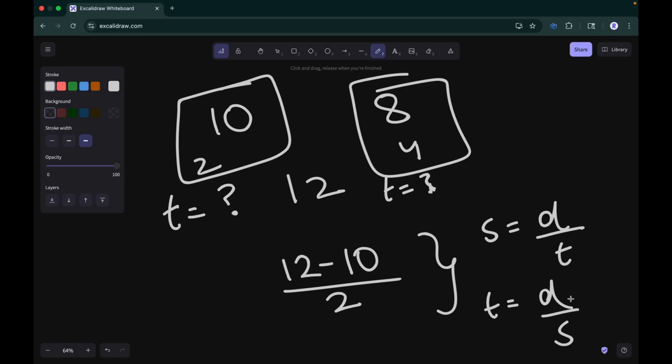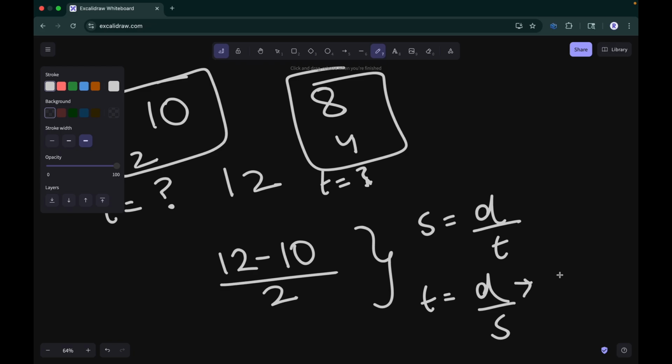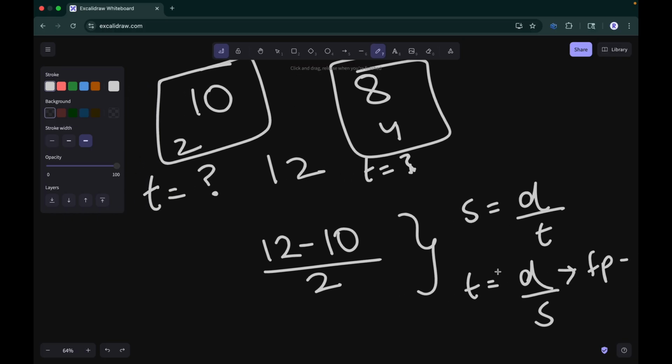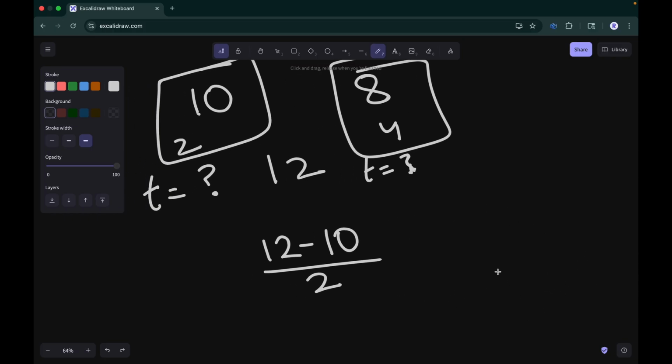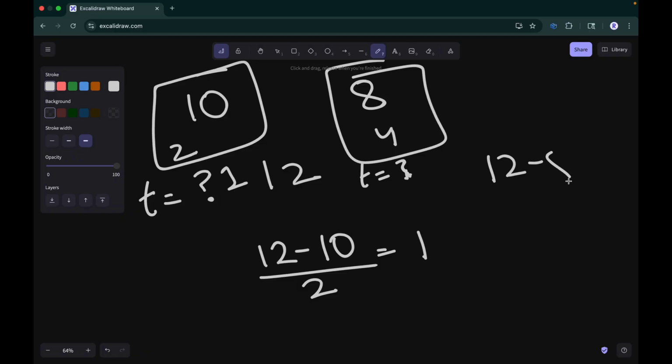To find the distance, we just take the final position minus the initial position. This gives us the answer of 1, so this will reach at time equals 1. And for the other, we can do the same thing, 12 minus 8 divided by 4, which gives us 1 again. So this is also reaching at the same time.